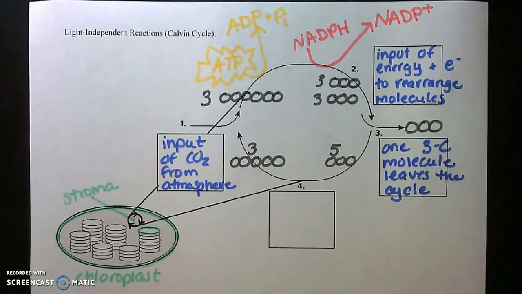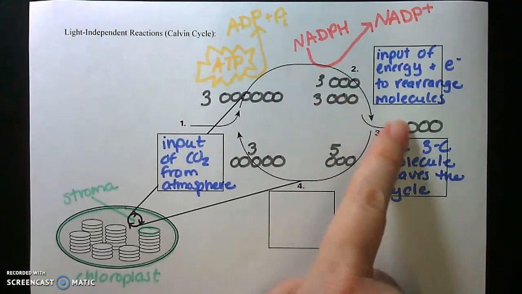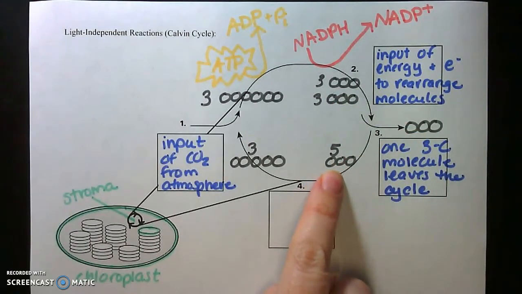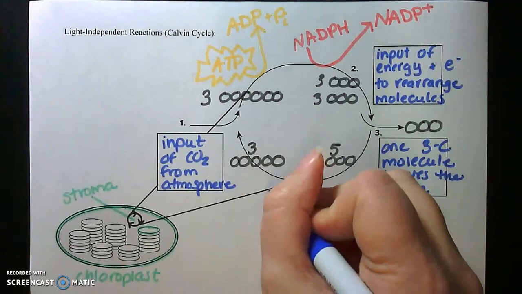Now notice that is going to leave us with 5 more 3-carbon molecules. We had 6 total. We lost 1. The other 5 stay in the cycle, and they are going to get rearranged back into the starting material. That's our step 4.